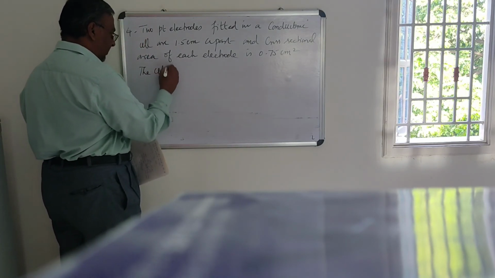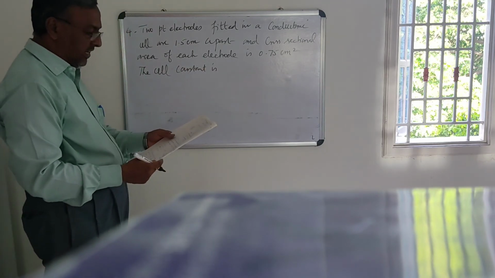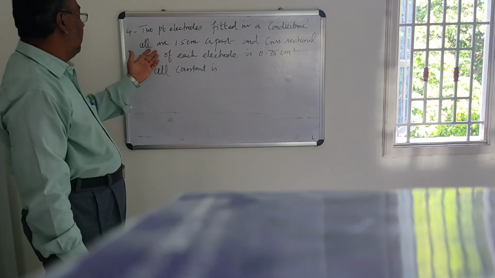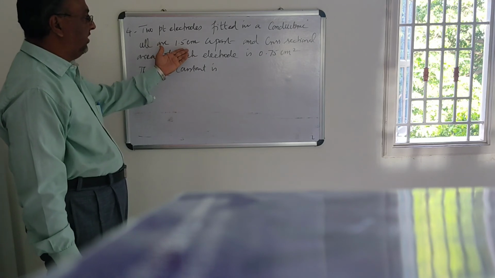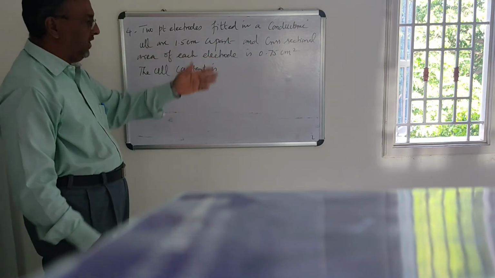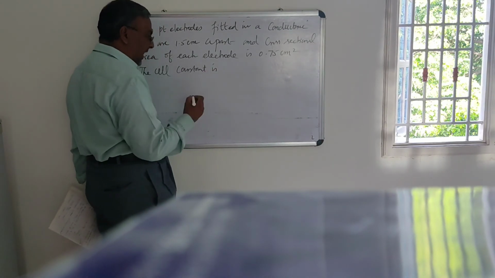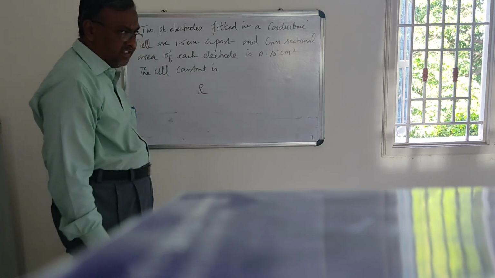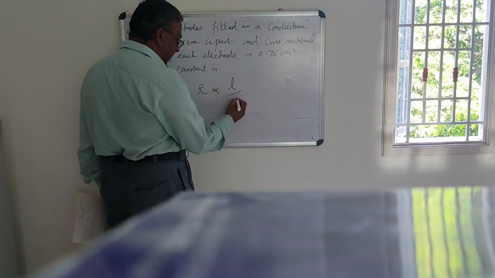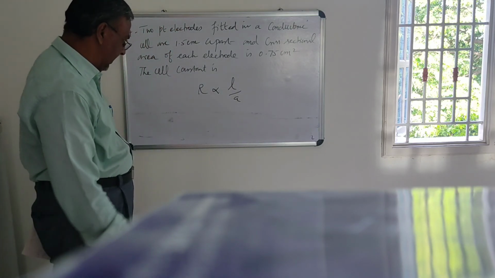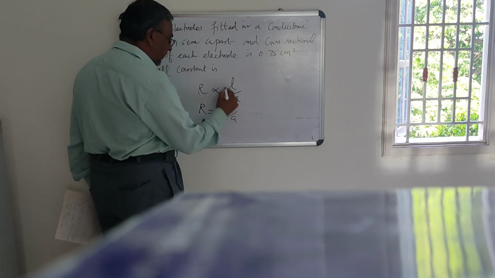The cell constant is, we have to find out the cell constant. The distance is given and the cross-sectional area of each electrode is given. Actually, for cell constant, we know that the resistance of any cell is directly proportional to its length and inversely to its area of cross-section, or I can write it as R is equal to rho into L by A. What is this L by A?